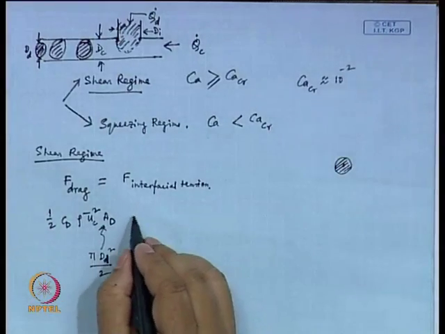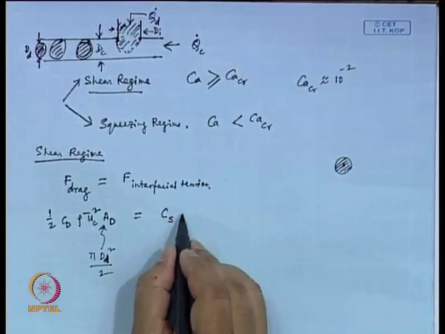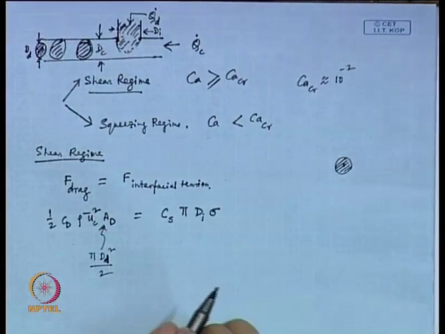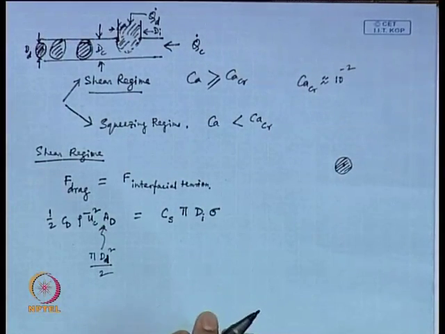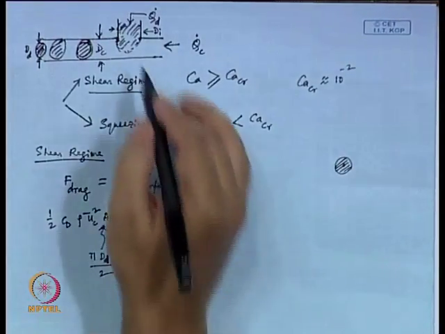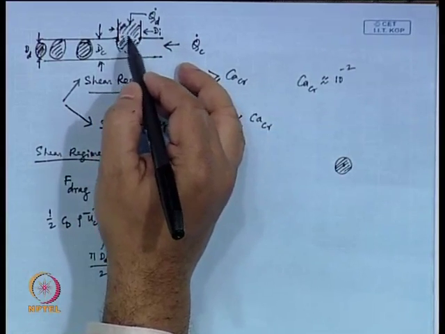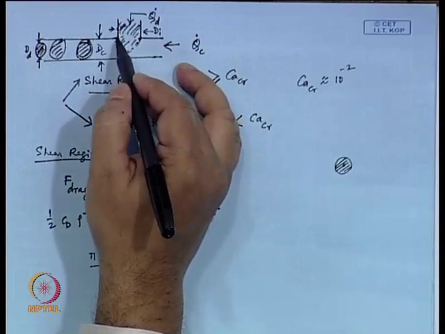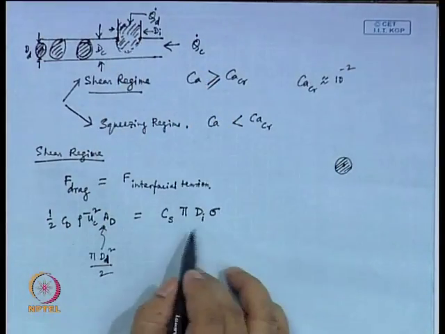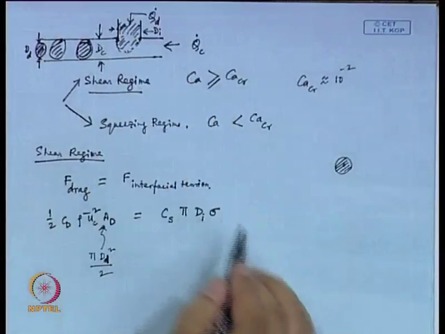What we are going to do here is equate this with CS pi di sigma. Here, di is the diameter of the arm, and this perimeter is holding the droplet phase by interfacial tension at the time of detachment.